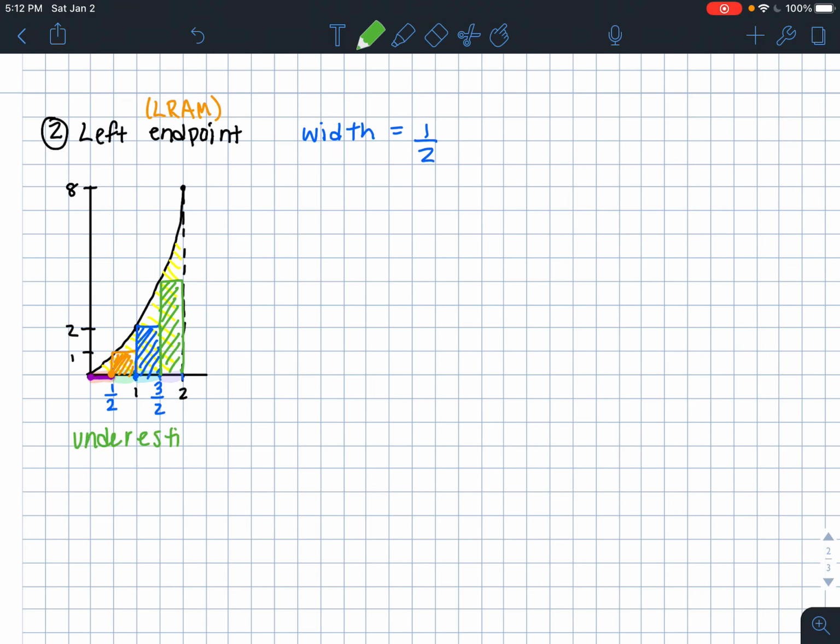So now we can see that here we're going to have an underestimate. It's very clearly an underestimate because there is area that we want to be finding that's outside of where the rectangles are. So in other words, these rectangles are inscribed, so it's going to be less than what it actually is. So again, our height is going to be the function values.